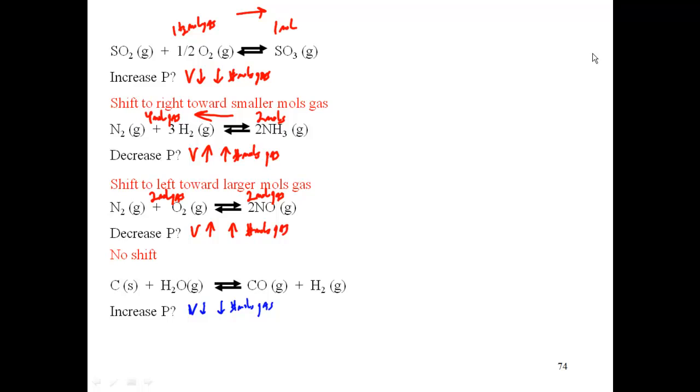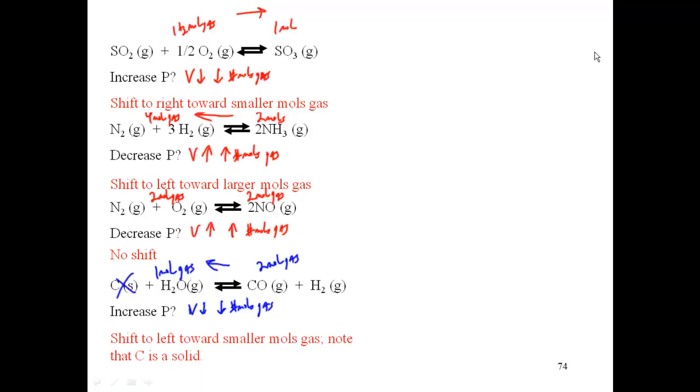Carbon solid's not a gas, so that's not accounted for, so you only have 1 mole of gas. On the product side, you've got 1 CO and 1 H2. Both of those are gases, so you have 2 moles of gas. So according to this, we're increasing pressure, so we're going to shift toward the smaller number of moles of gas, which means in this case it will shift to the left. Shift to the left toward the smaller number of moles of gas.